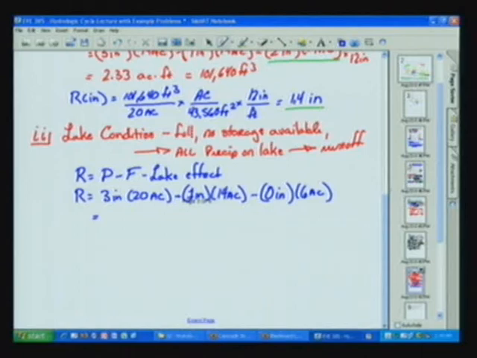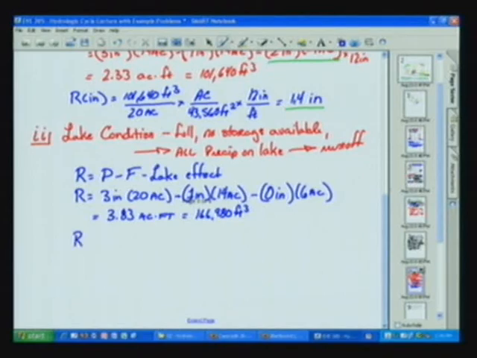So we end up with 3.83 acre feet. I left out the unit conversion there. And that is 166,980 cubic feet.